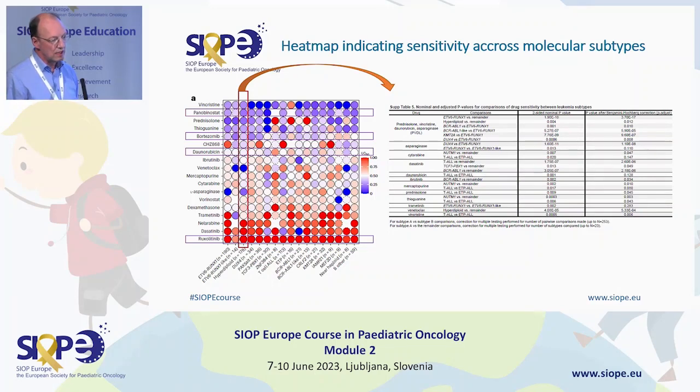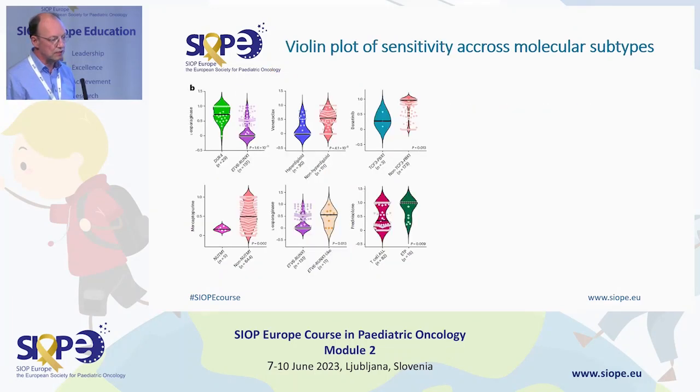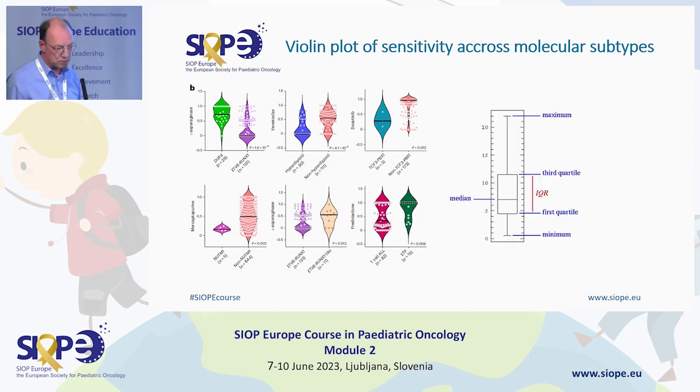They also express this heat map in terms of violin plots. That's what you see here, and a violin plot is basically a kind of box plot, and you all probably know the box plots where they aggregate information of the distribution into a median and then quartiles. So this box represents usually 75% of the entire distribution, and then you have the minimum and maximum.